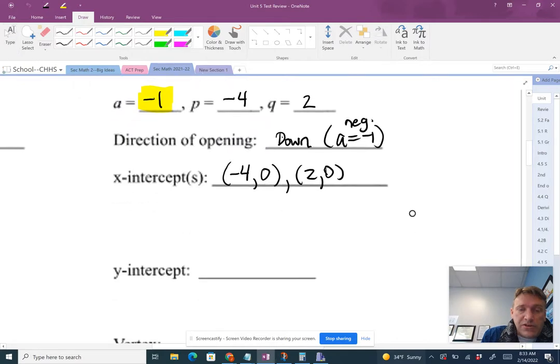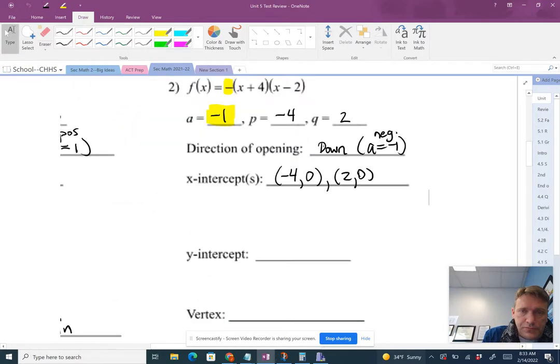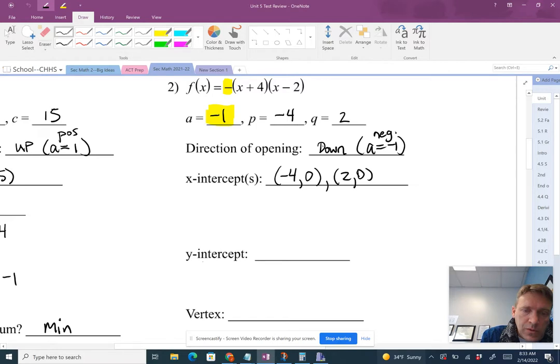Our y-intercept always happens when x equals 0. So we'll put 0 in for x, and then we just have to find what value of y goes with that. Y equals negative 0 plus 4 times 0 minus 2.